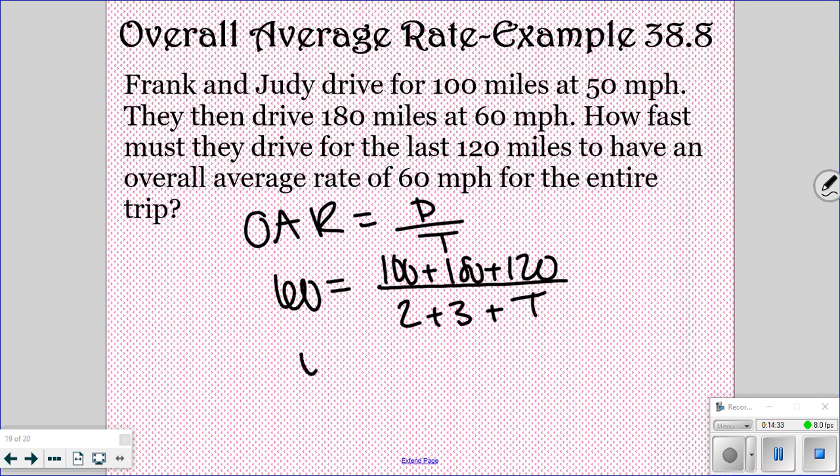So we can combine. 60 equals 100 plus 180 plus 120 is 400, and then over 5 plus t.